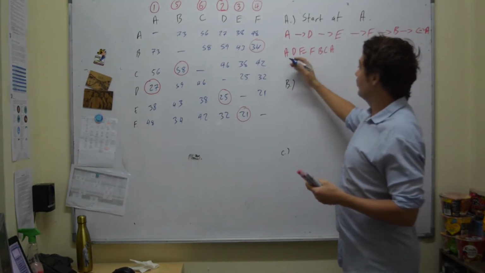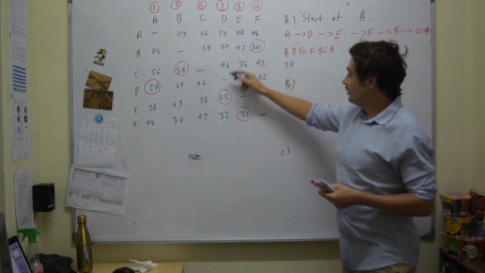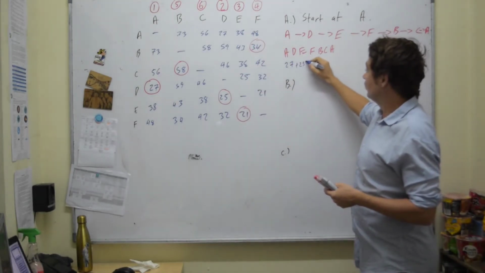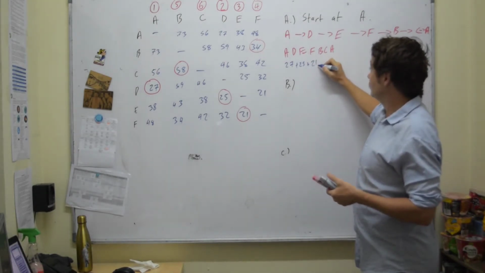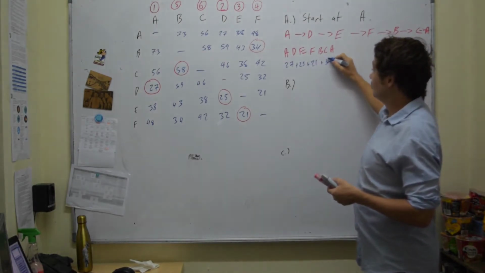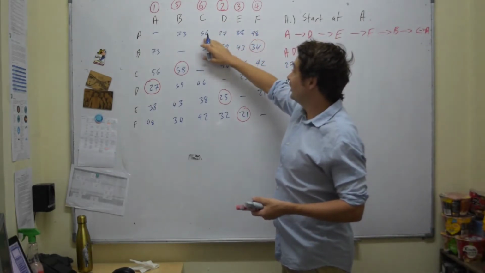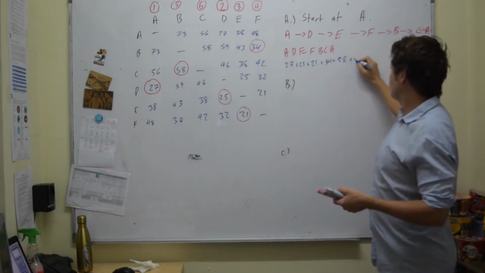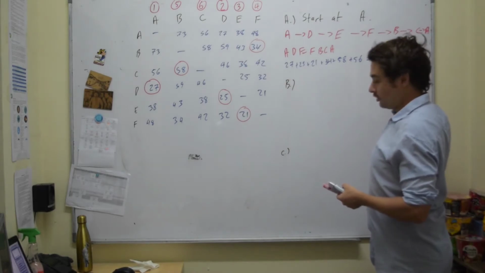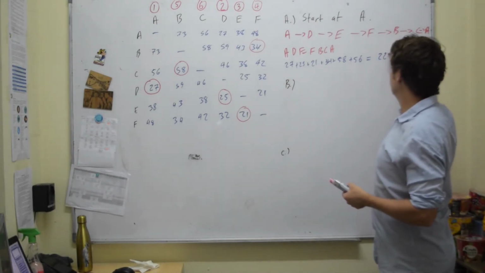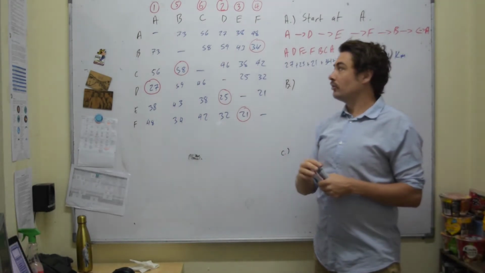So my length from A to D was 27, was then 25, was then E to F, 21, was then 34, was then 58, and then C back to A is 56. We add these all together and we get 221 kilometers.